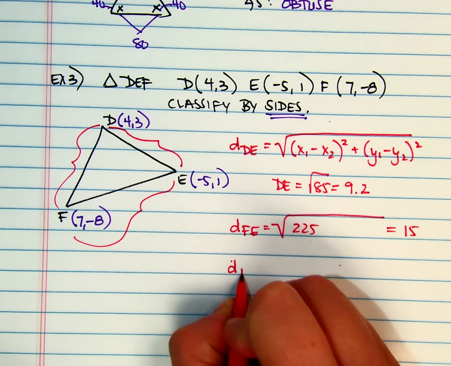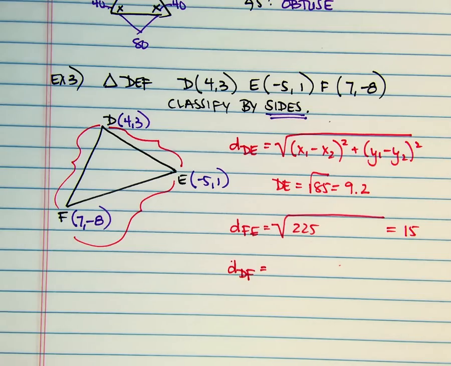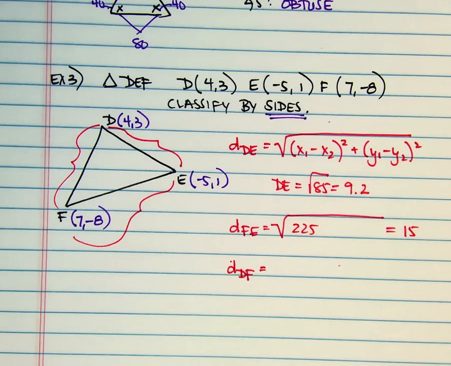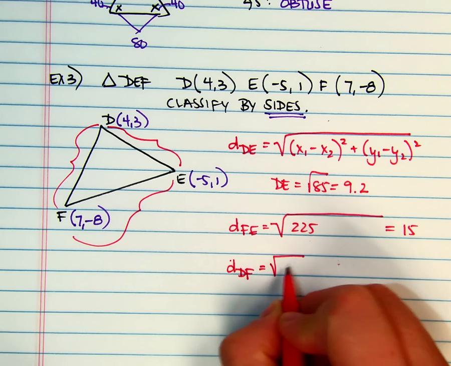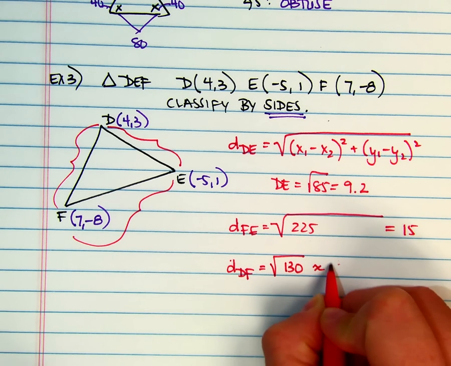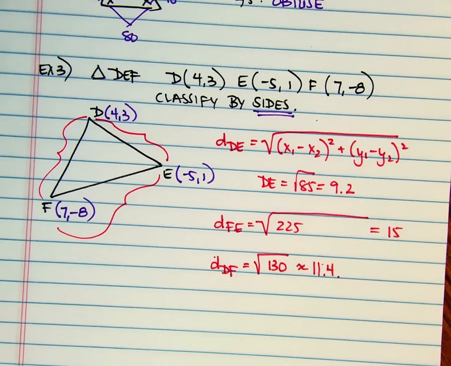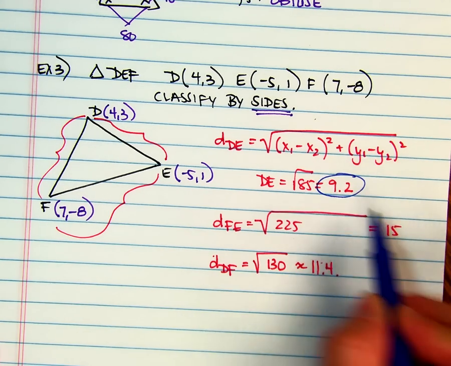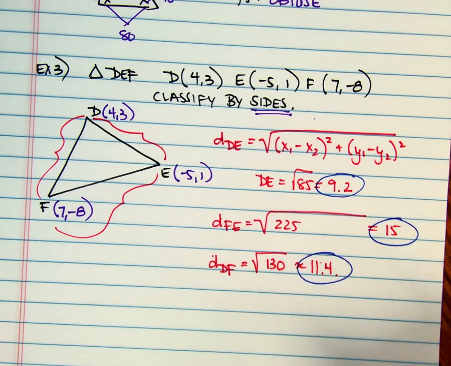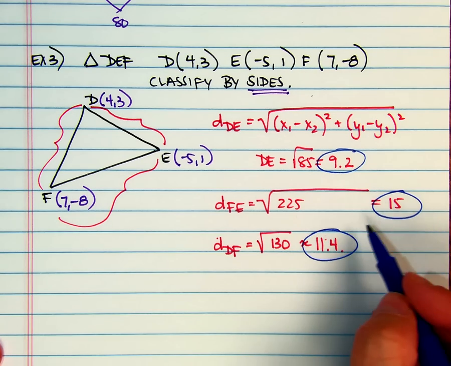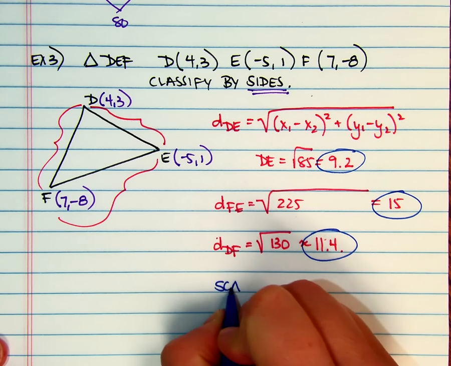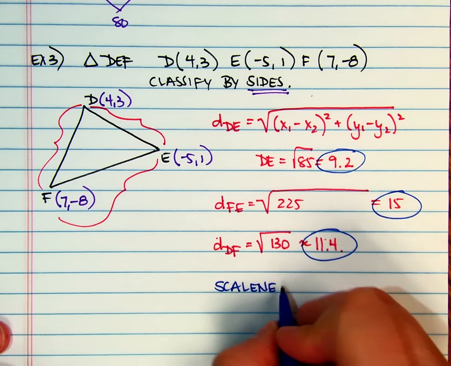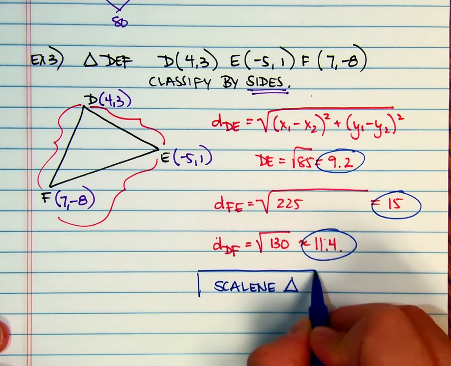And then the distance of DF, get the square root of 130, which is approximately 11.4. So then I'm going to look at my lengths. I have a length of 9.2, 15, and 11.4. None of the sides are equal, so this is going to be a scalene triangle based off of the sides. Okay, so review that distance formula.